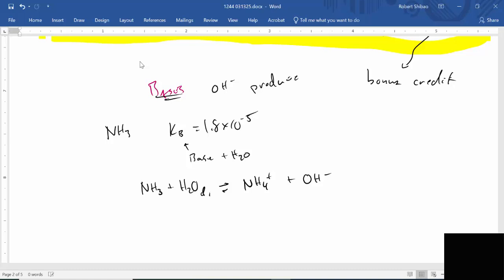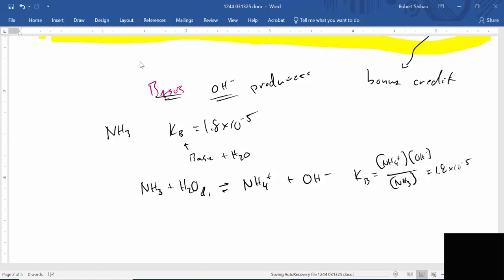So base solution, hydroxide producers, acid solution, hydronium producers. So this is their Kb. Our Kb is going to equal the ammonium concentration times the hydroxide ion concentration divided by the ammonia concentration. And water has an activity of 1. And this is what gives us the ratio of 1.8 times 10 to the minus 5 here.